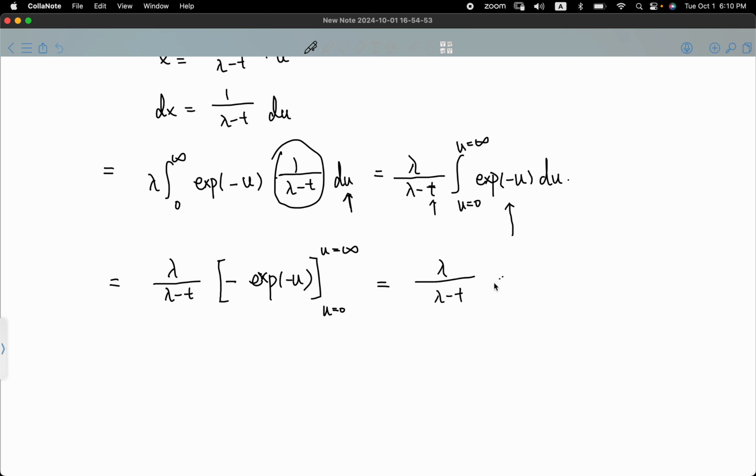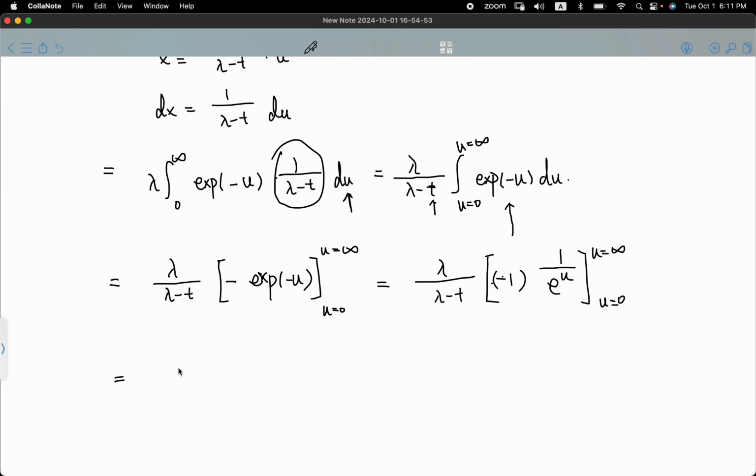Maybe let me put negative 1 for now, and then e raised to the power of u, and then 1 over that. So maybe this will give you a better idea when you evaluate from 0 to infinity.